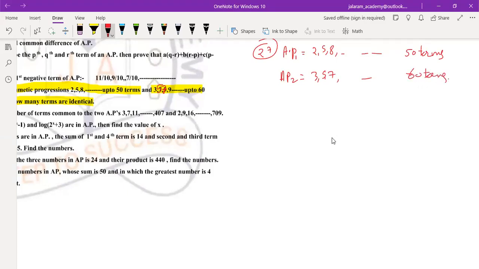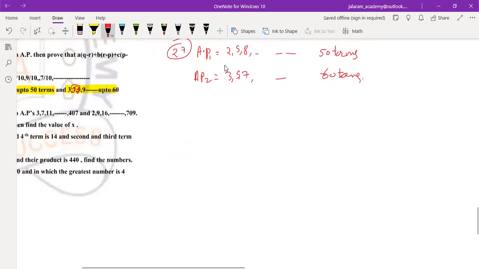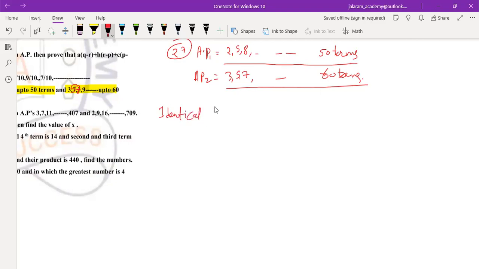Now, this series has 50 terms, this series has 60 terms. So, what are the identical terms? Can you find the identical terms? The first identical term is 5.